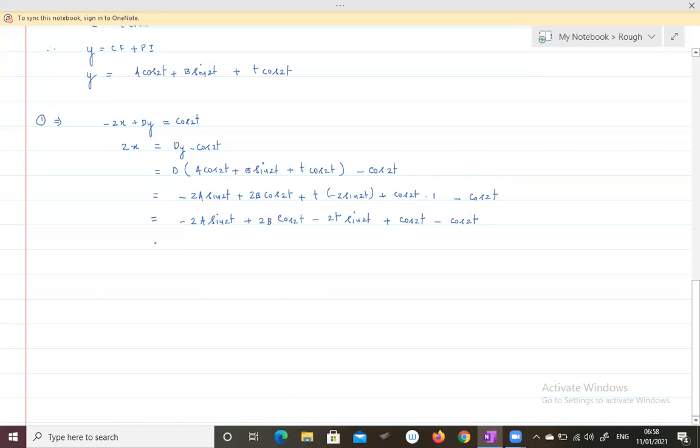Now after cancelling these two, we get 2 into minus a sin 2t plus b cos 2t minus t sin 2t.